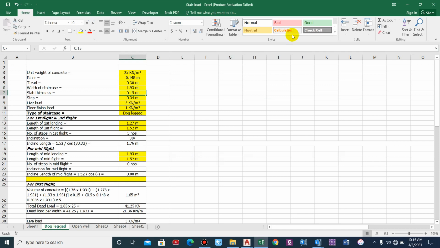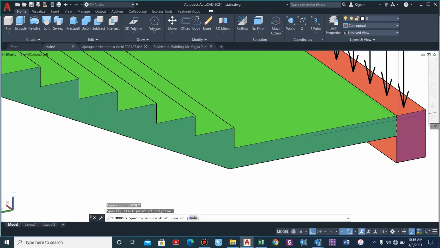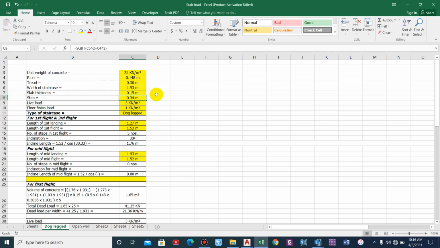Slab thickness is 0.15, and step, that is simply using the Pythagoras theorem considering the riser and tread, is 0.34. Live load, let us assume as 3 kN per meter square considering a residential building. Floor finish as 1 kN per meter square.